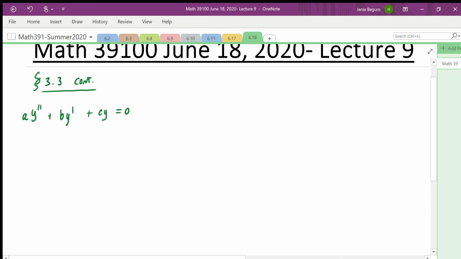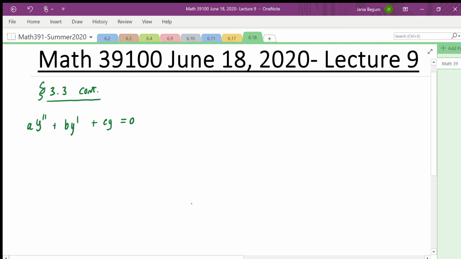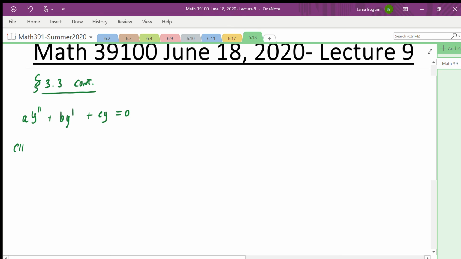Okay, so we're looking at a second order homogeneous constant coefficient differential equation, and the characteristic polynomial of this is going to be ar squared plus br plus c equals 0, and we're in the case where the roots are complex.